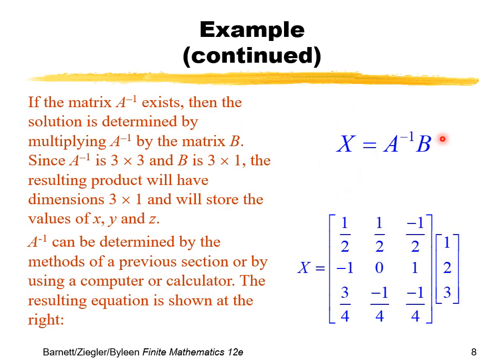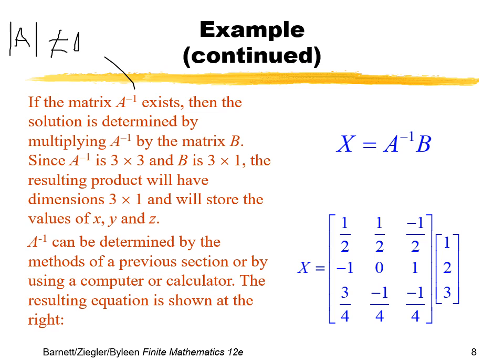As we said, we have this equation X, the unknown, equal inverse of A times B, if the inverse exists. We know that the inverse exists when the matrix is non-singular, when the determinant of the matrix is not equal to 0.